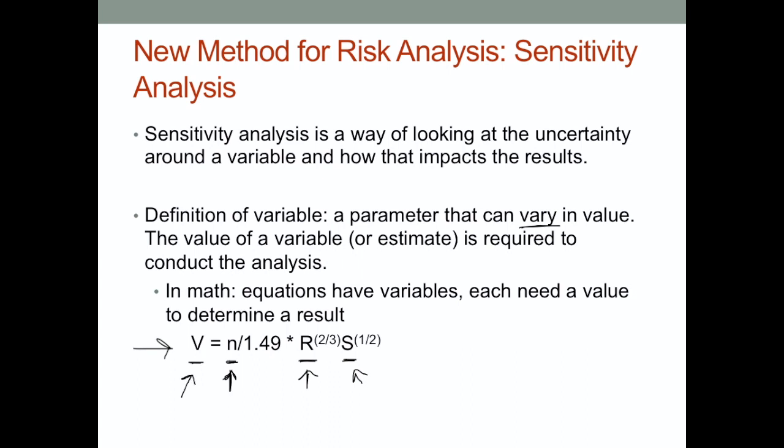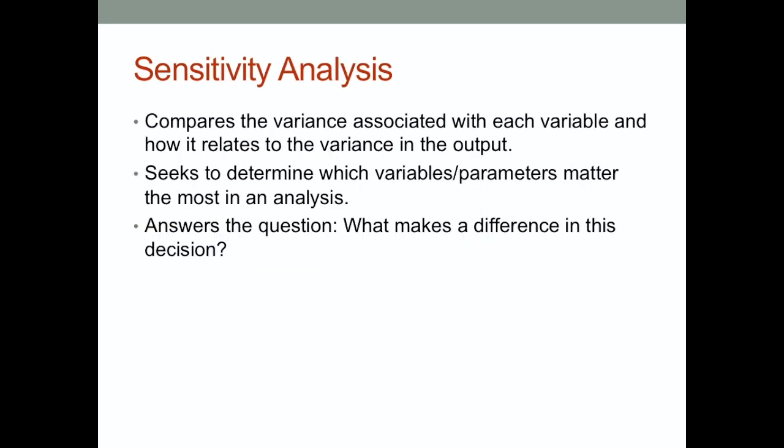We have an outcome, but there's quite a bit more uncertainty around the outcome, the value, than there were around each individual variable. So our sensitivity analysis then compares that uncertainty, the variance associated with each variable, and how that uncertainty relates to variance in the output, in our result.